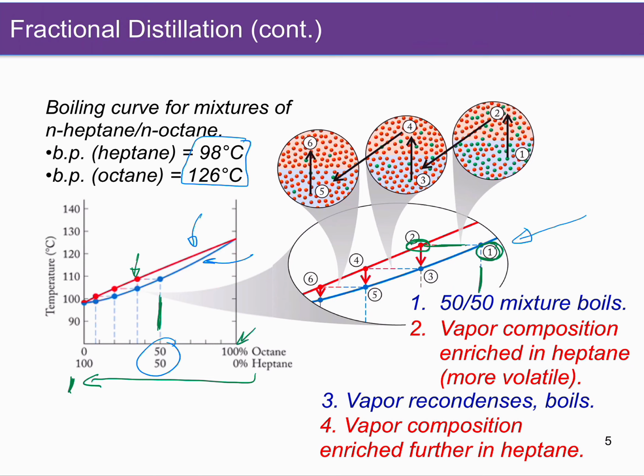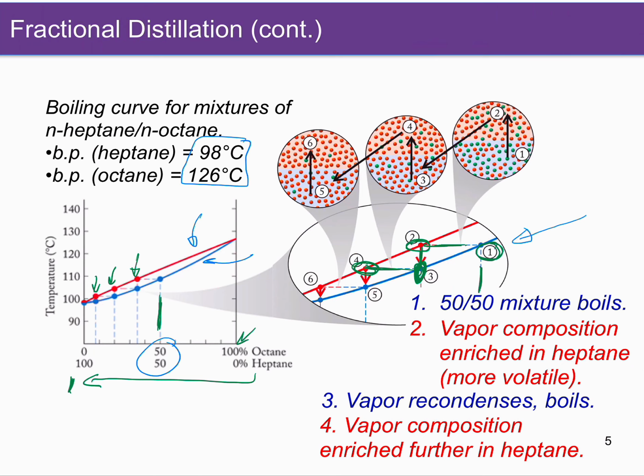As the evaporation occurs, we get more heptane in the vapor, and then as it condenses, this red line down here condenses with the same composition as the vapor. That solution then evaporates and is even more enriched in heptane as it goes farther and farther up the column.